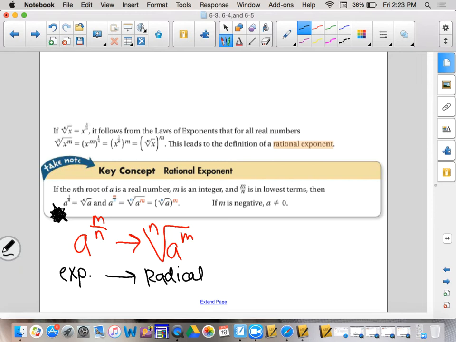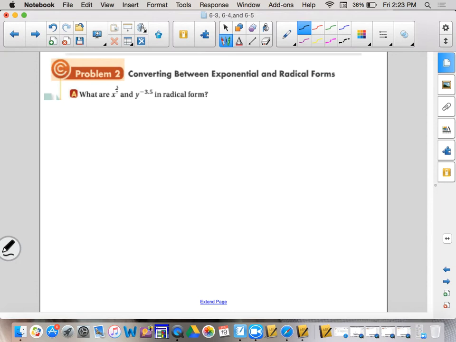So let's look at a problem. We're going to do 4 problems. The first one is x raised to the 3/7. They want me to take it, right now it's in what form? Exponential. And we're going to put it in radical form.